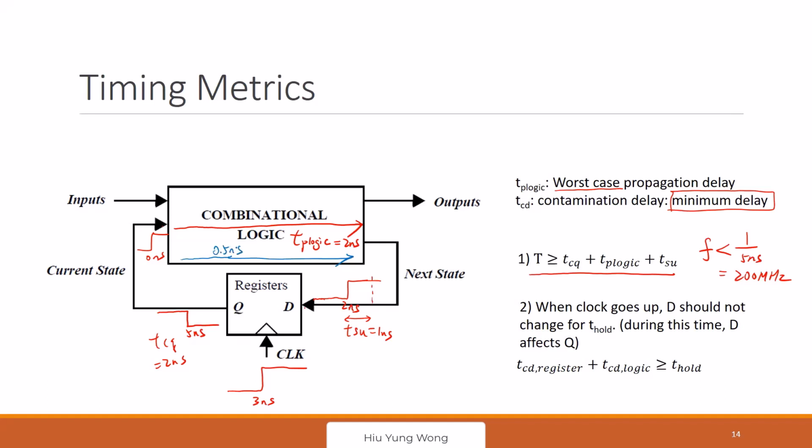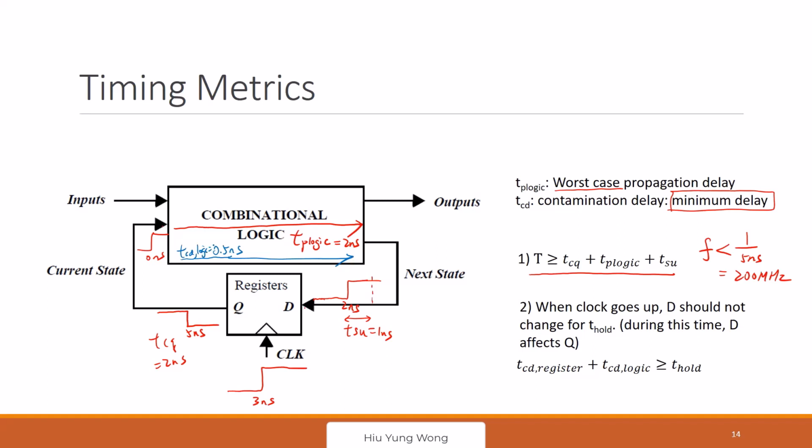Now you already know that when we talk about delay, it's all about the worst case when we calculate. But you also know some patterns will give you a faster delay. Remember when you do the sizing, or in the midterm, it is possible you turn on all the transistors and they discharge the capacitor at the same time. So delay can be very fast for certain patterns, and this can be the contamination delay. This is TCD logic. Let's say you can do it in 0.5 nanosecond.